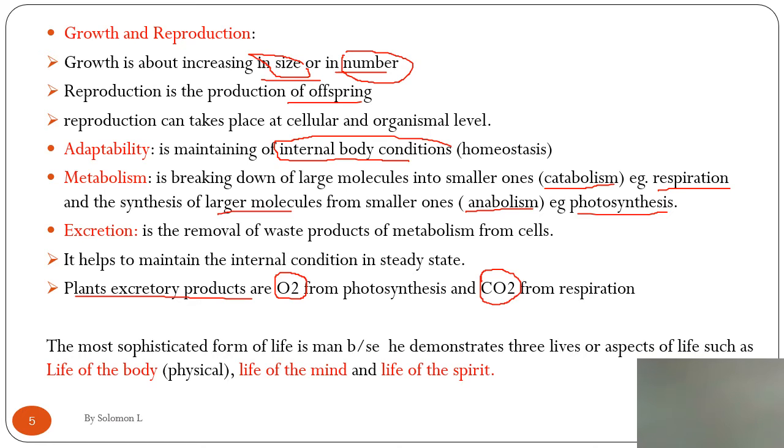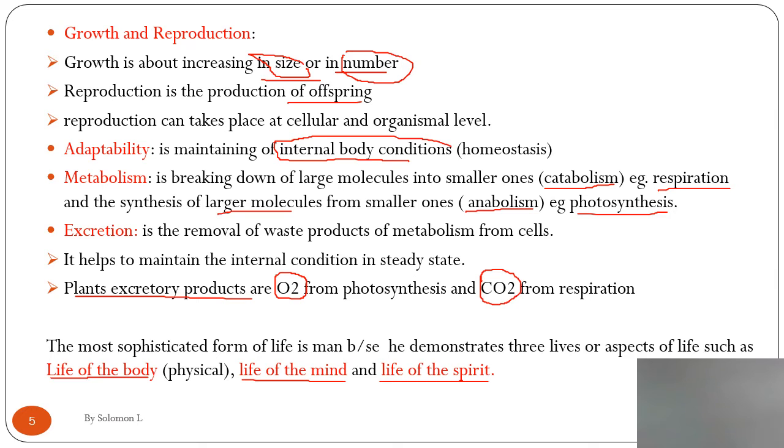These all are characteristics and the nature of life that distinguish or separate life from non-living matters. Finally, the most sophisticated form of life is man, because man contains three natures.